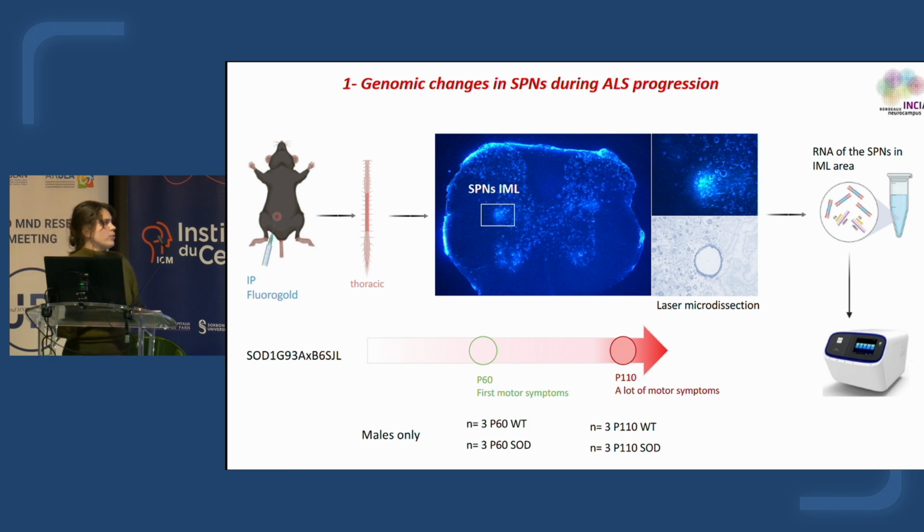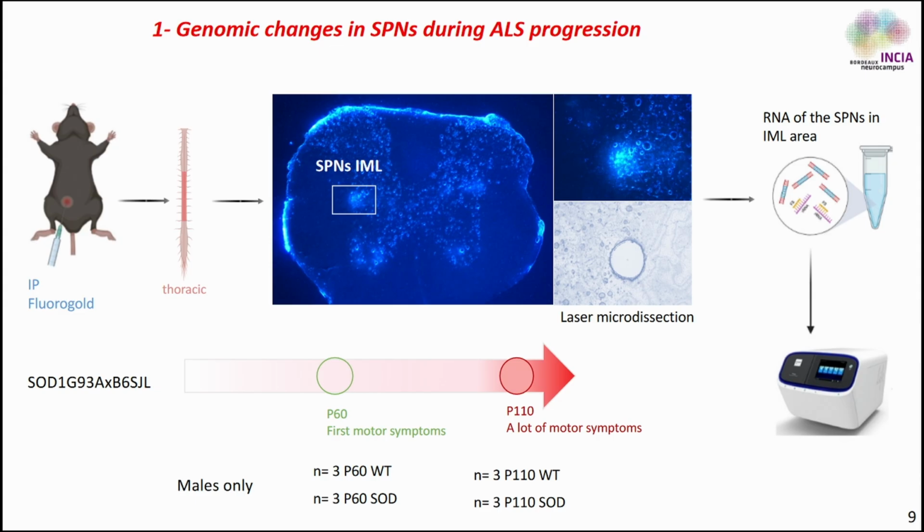So first, to identify SPN in the IML area, we use a retrotracer through fluorogold injection. We did it on SOD1 models at two different ages: an early stage when there are the first motor symptoms, and a late stage where you can see more motor symptoms.